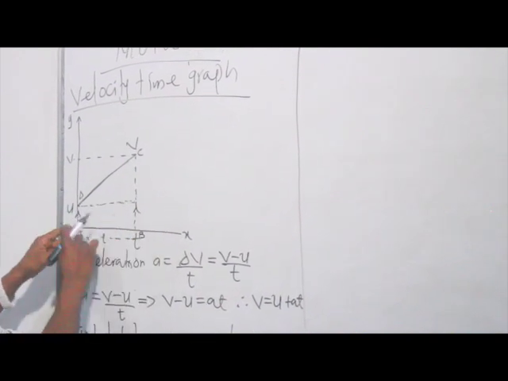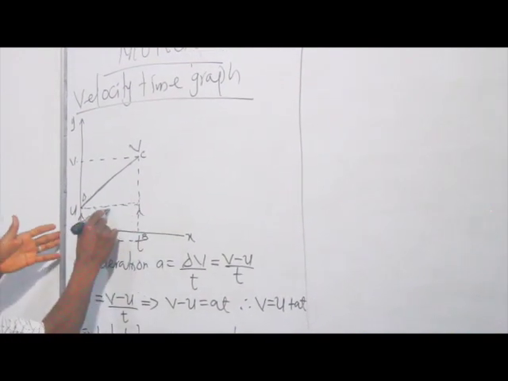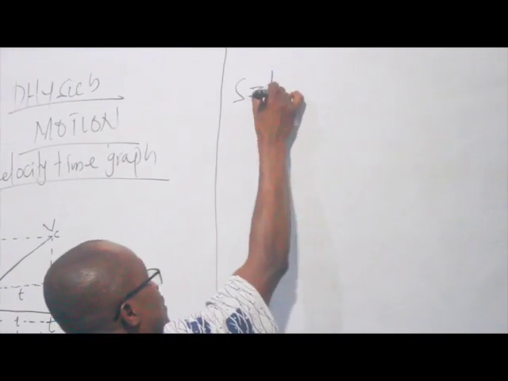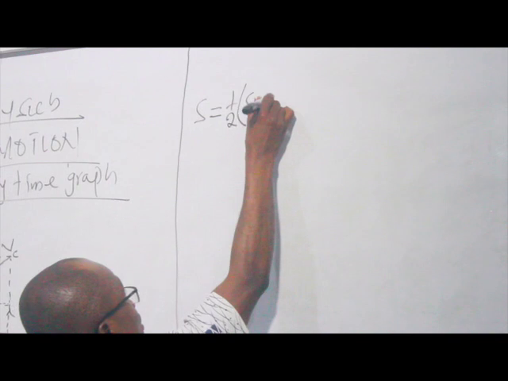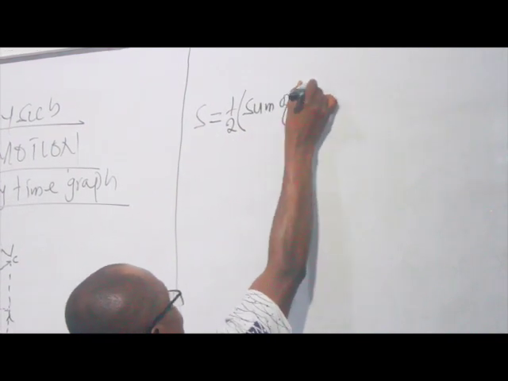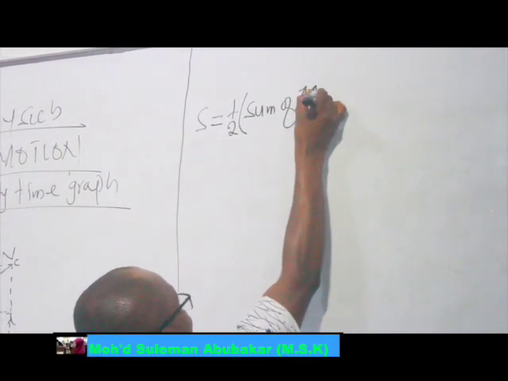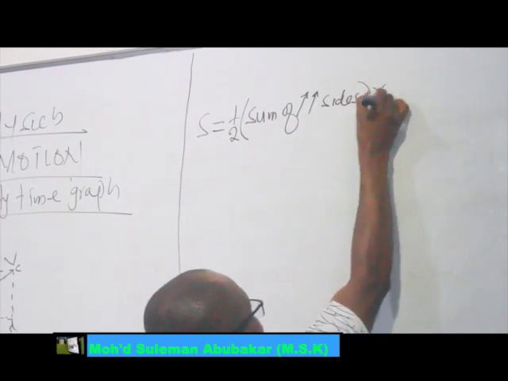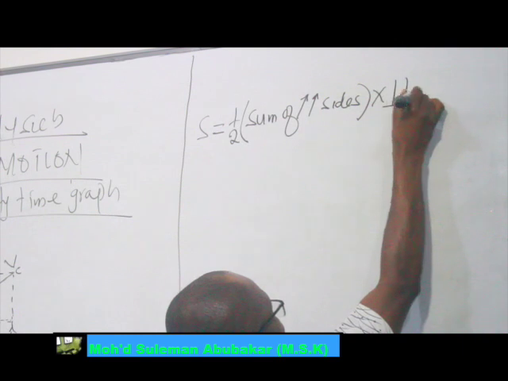And this height is the height in between the parallel sides, and the height here is t. So we have half into the sum of the parallel sides, multiplied by the perpendicular height.